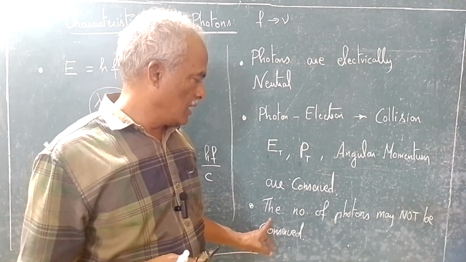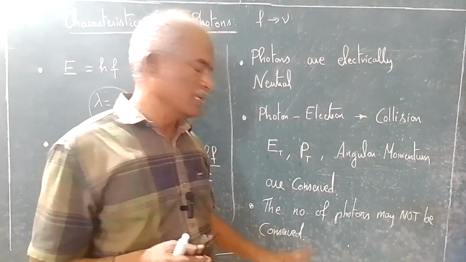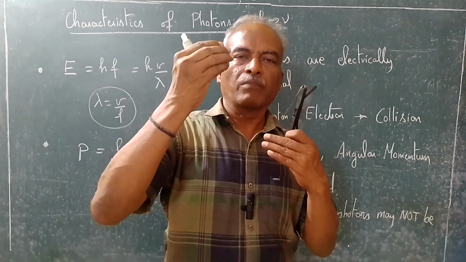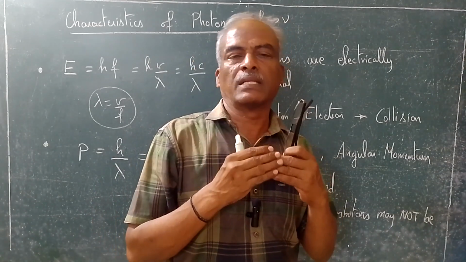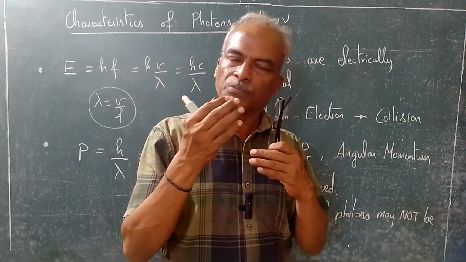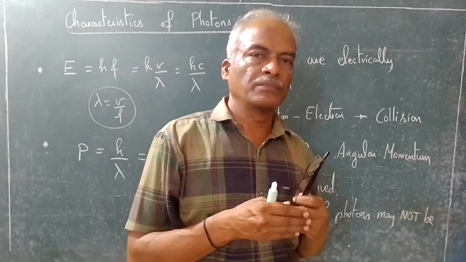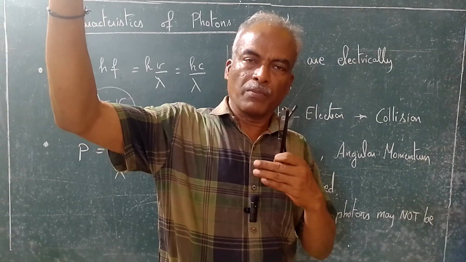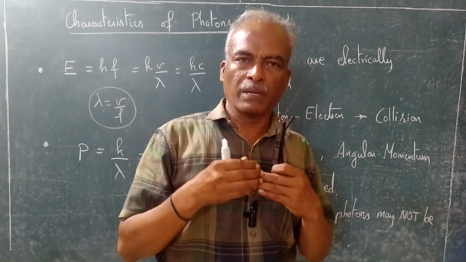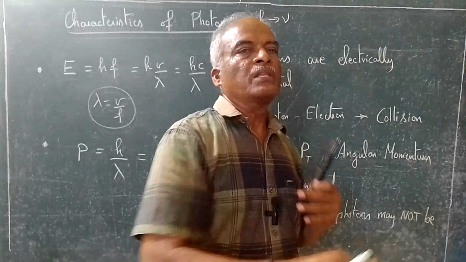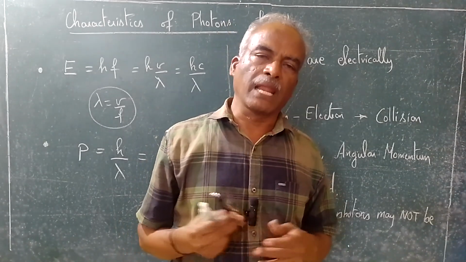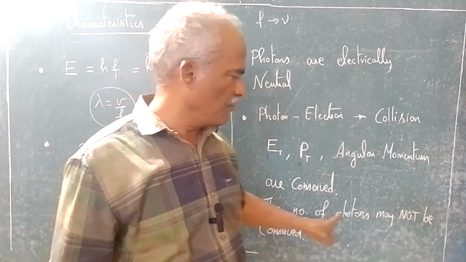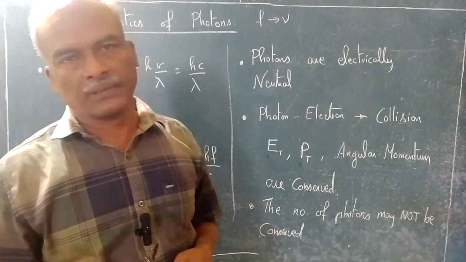Whereas the number of photons may not be conserved. That means when a photon strikes a metal or a cathode in a solar cell, some of the photons may get absorbed by the metal itself. In some cases, the number of photons striking the cathode or the metal and the number of released photons can differ. So in that case, the number of photons may not be conserved.